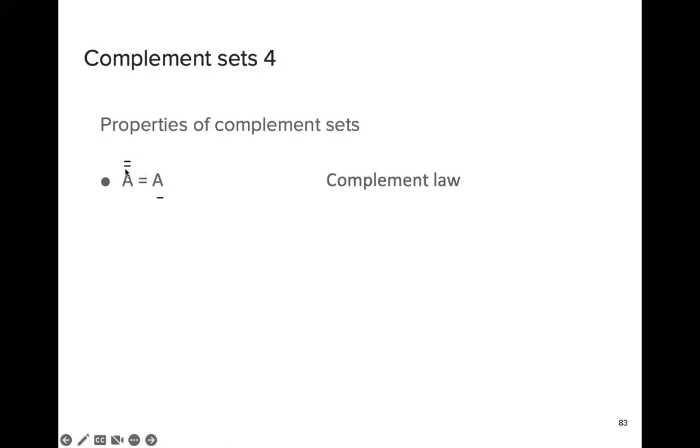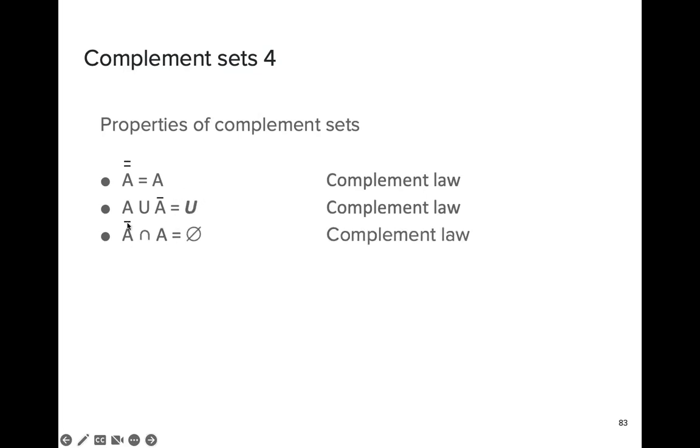We are essentially taking the negation of an existing negation, so it will revert back to its original set A. Taking the union of A with its complement will result in the universal set. And the intersection between A and its complement will be an empty set.